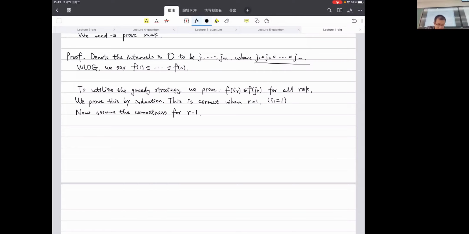So what is the thing that we have been talking about? We assume the correctness for r minus 1. So that is to say that we have f i r minus 1 is smaller than f j r minus 1. And basically we have something like this. So assume that this is I r minus 1, and then you have j r minus 1 like this.